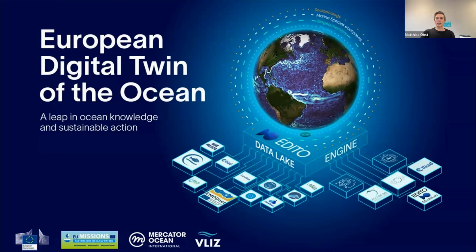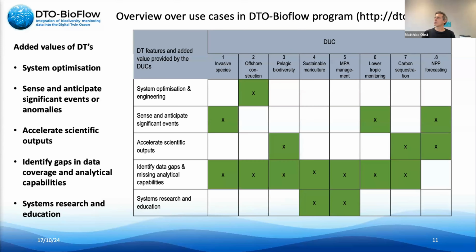So here's a little example of the projects we have. We have use cases. So we have bespoke cases that go all the way, end-to-end connections created from the point of sensing to the point of the societal applications. These are listed there in the table from 1 to 8: alien species or invasive species management, which is a big problem, especially related to shipping.